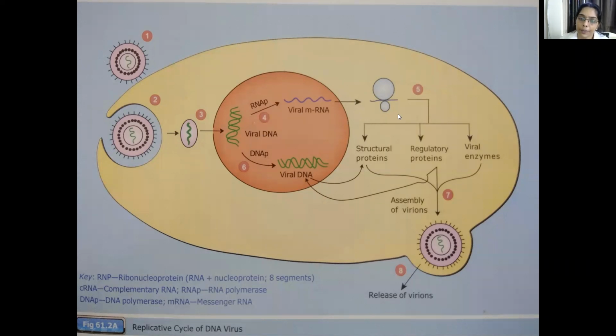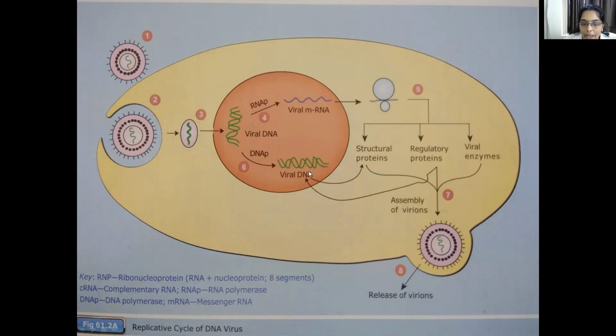Now in the fifth step, the host cell ribosomes utilize the viral mRNA and synthesize regulatory proteins and viral enzymes. Structural proteins and regulatory proteins are both needed, but initially regulatory proteins are formed. The regulatory proteins then transcribe the early genes, which are necessary for the replication of the viral DNA with the help of viral DNA polymerase.